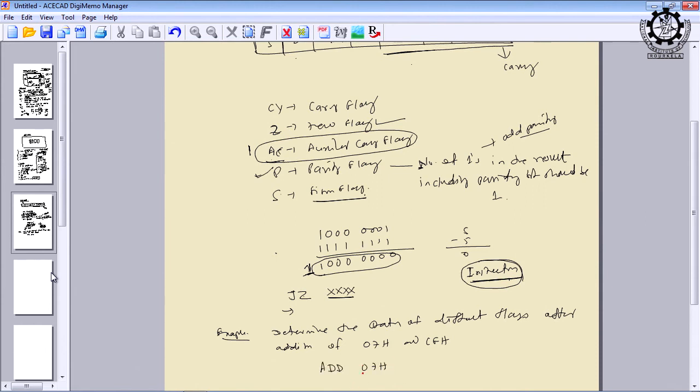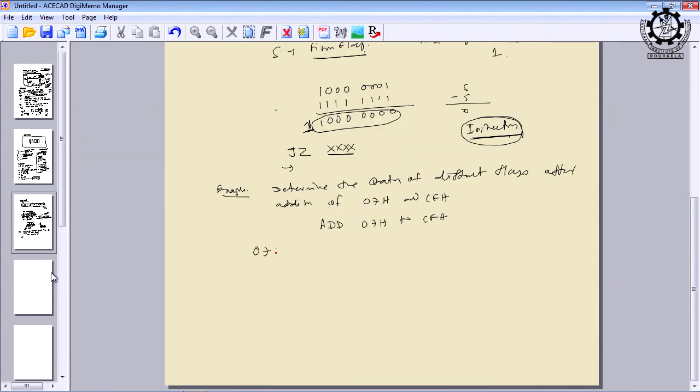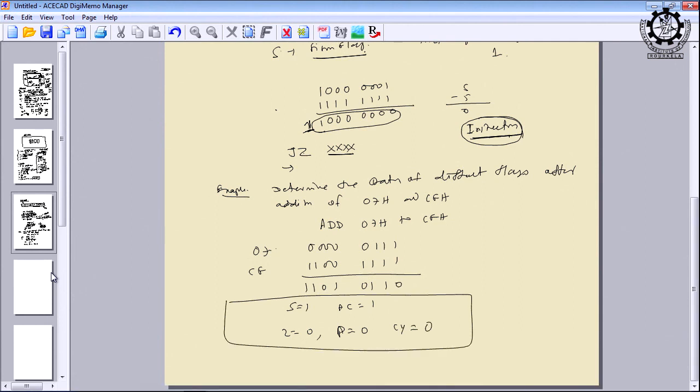That means add 07 to CFH. So, 07 means 0 0 0 0 0 1 1 1 and CF means 1 1 0 0 1 1 1 1, and the result is 1 1 0 1 0 1 1 0. So, this is the answer.